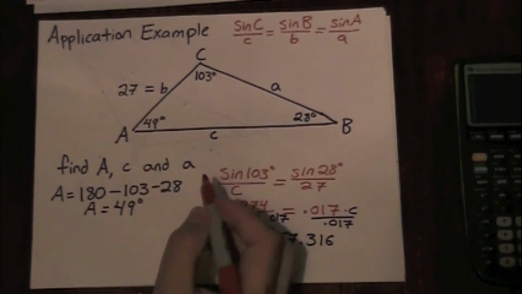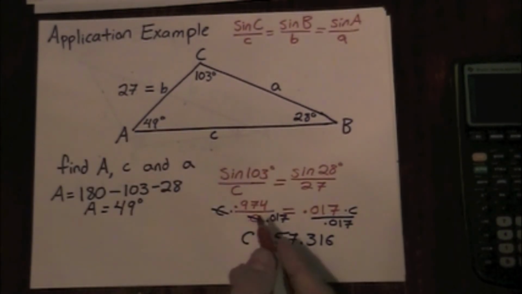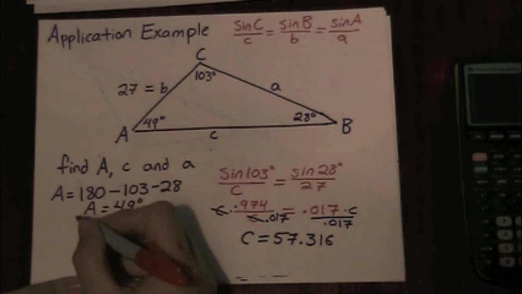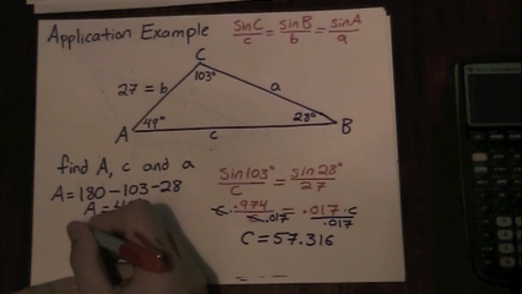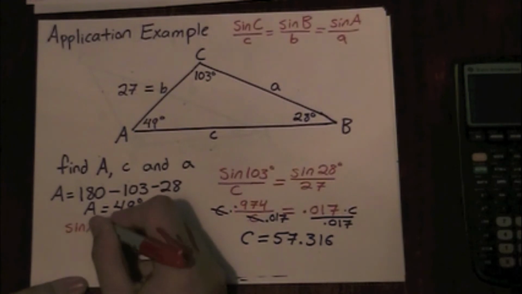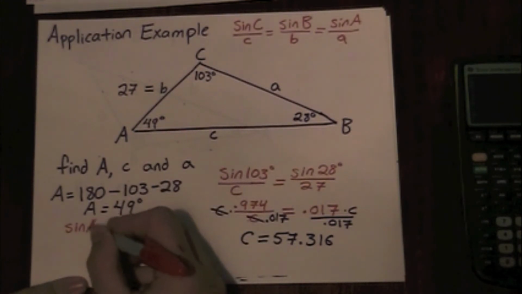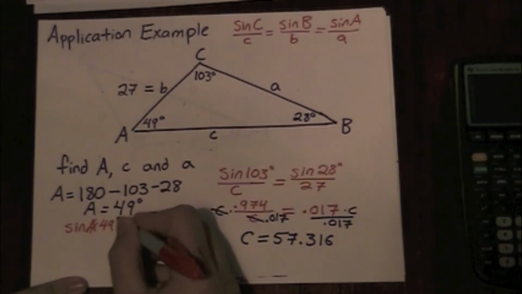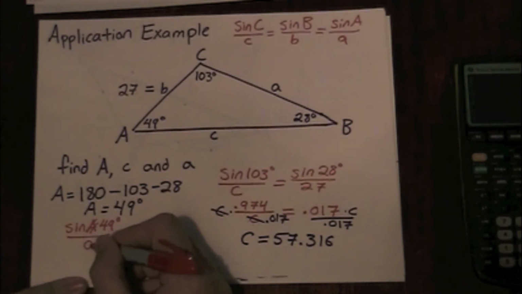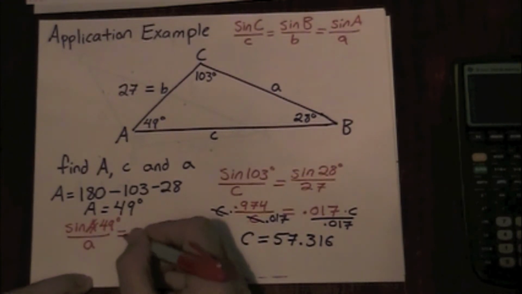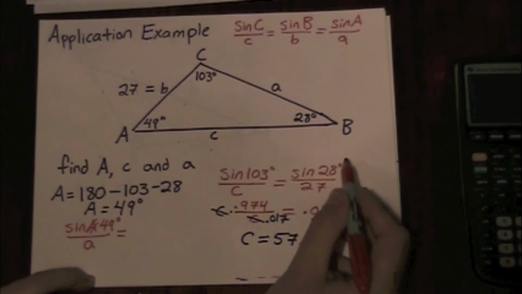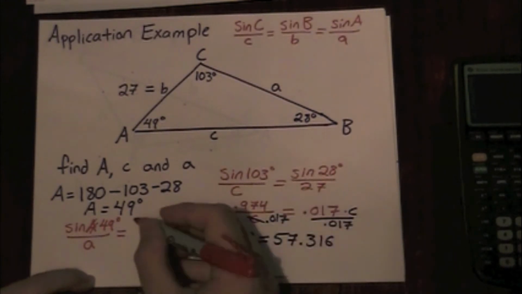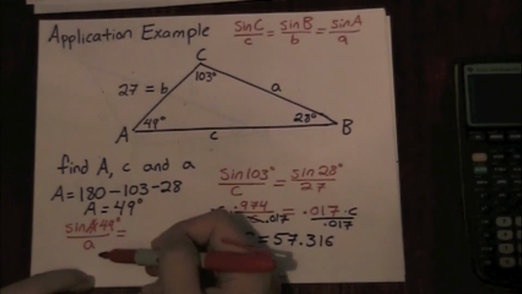Okay, let's find side a. Well, I know sine of angle A, which is 49 degrees, divided by the measure of a, equals, and I can just use the same value over here since I already calculated it.